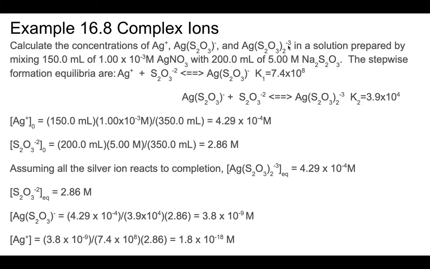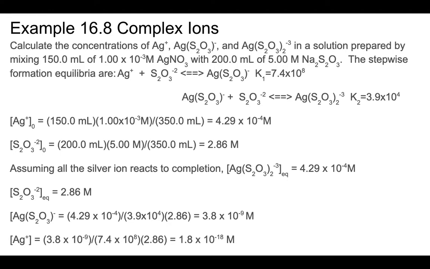So we're going to look at the concentrations of all 3 of those in solution if we mix 150 milliliters of 1 times 10 minus 3rd molar silver nitrate with 200 milliliters of 5 molar sodium thiosulfate. The stepwise formation equilibria are going to be the silver plus 1 plus the thiosulfate ion is going to make the single complexed silver thiosulfate there, which has a K1 of 7.4 times 10 to the 8th, really big.